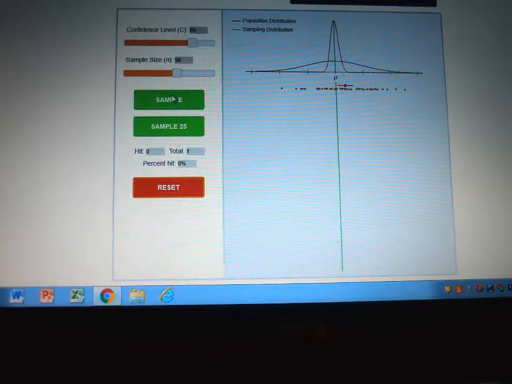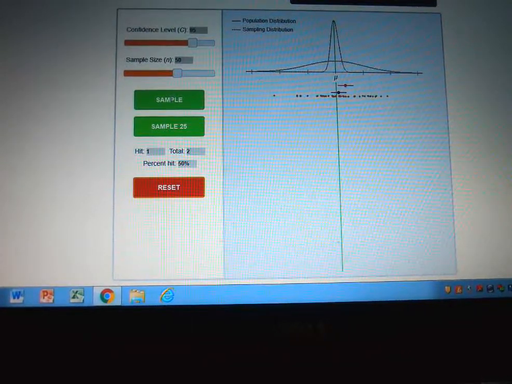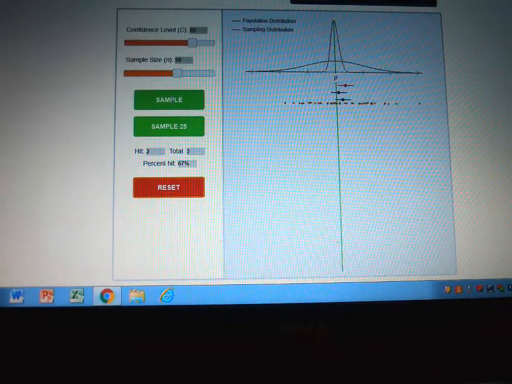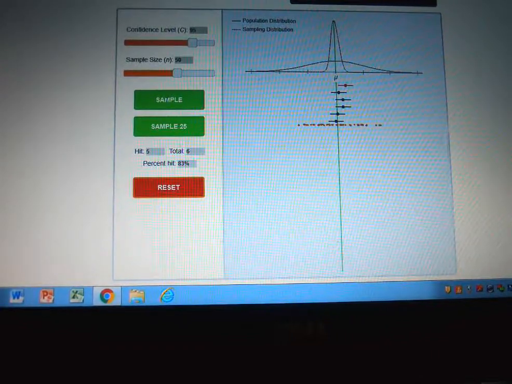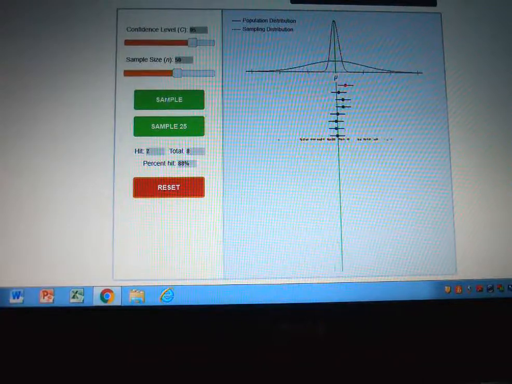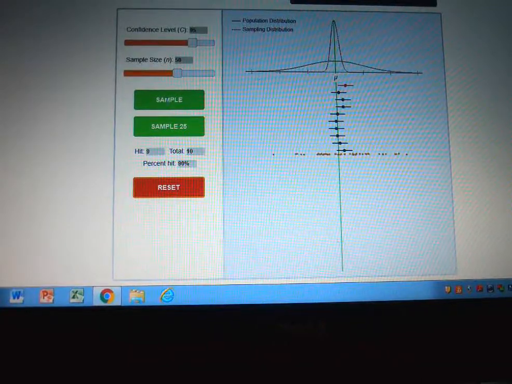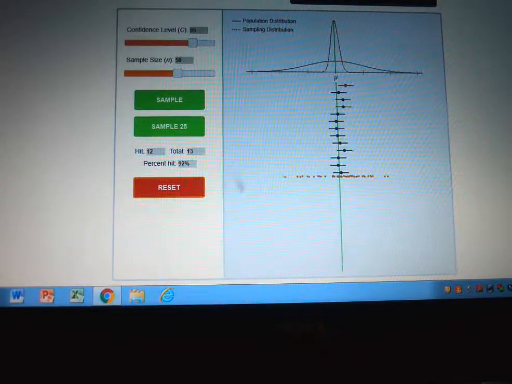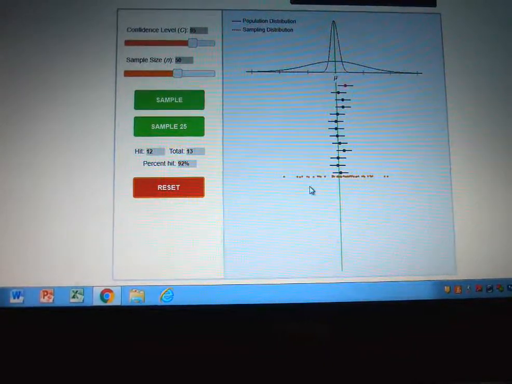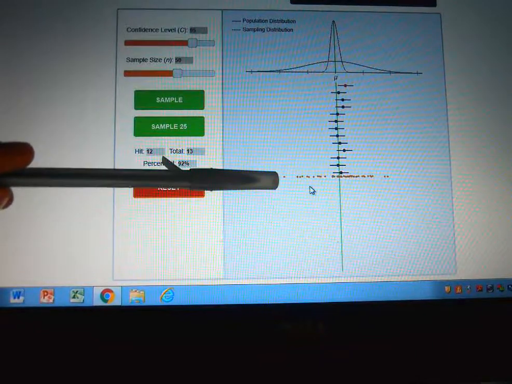If I sample again, notice that one hit it, that one hit it. But notice that the width of that interval is much more narrow than it was when they had a sample size of 5. And it's really weird here. You look at this and you see all those data values really spread out.